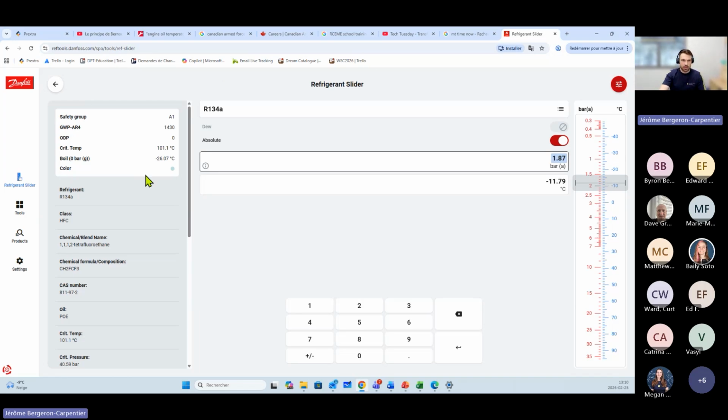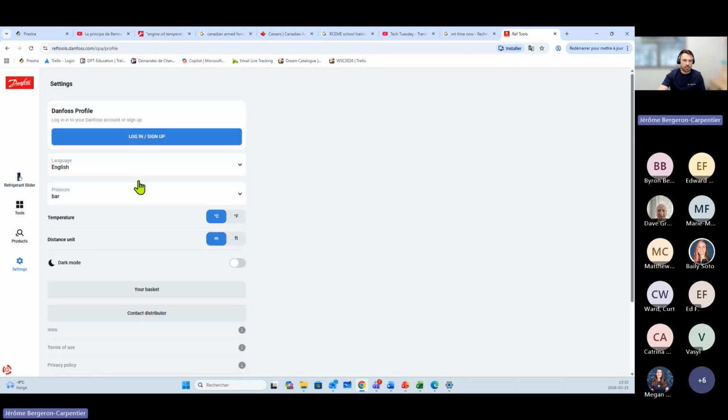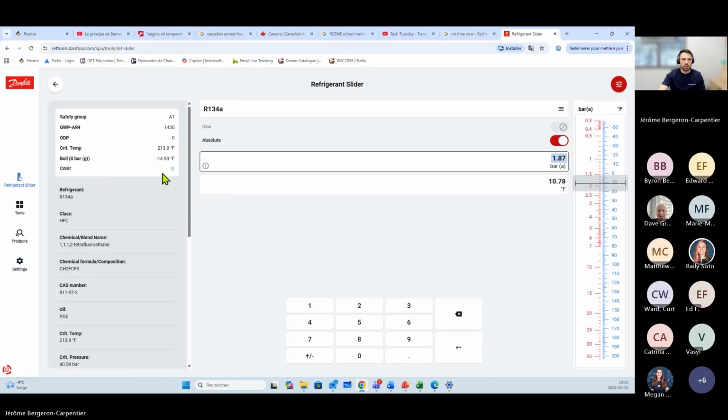So if we go back to the specification of the gas itself, we can see that the boiling point at 0 bar is going to be minus 26 degrees Celsius, which you can basically switch to minus 40.9 degrees Fahrenheit also. So you can switch whatever you prefer. But the thing is, like I said, there's still some heat to be absorbed even if it's super cold outside.